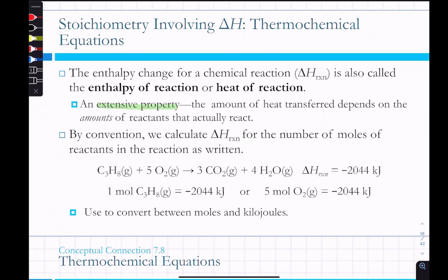We can also do this for the products that are formed. If you can measure how much CO2 is produced, you could also determine how much heat is released. For 3 moles of CO2 produced you would generate that much heat, and for 4 moles of water produced, you'd also get this amount of heat.